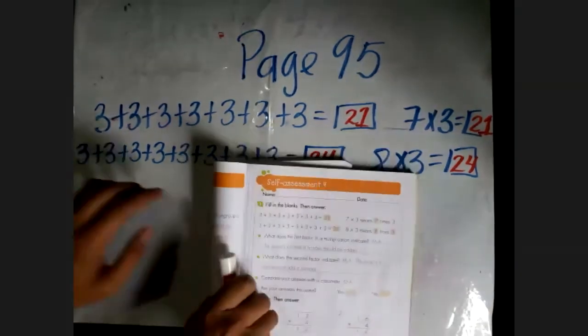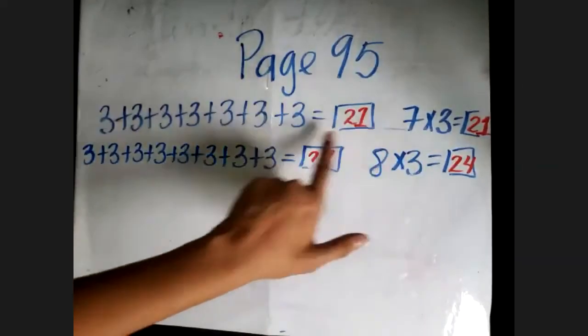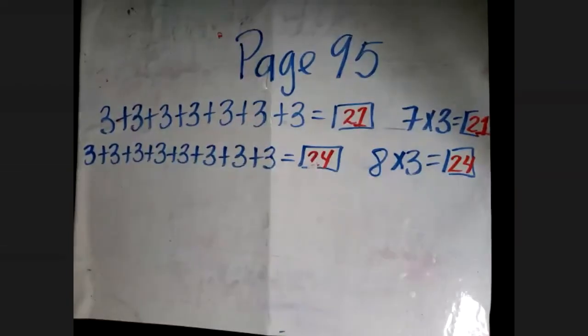Okay, what is the first factor? What does it mean there's 7 here? And what does it mean this 8 here? What does it mean that number 7? Why do I have a number 7 there? ¿Por qué tengo un número 7 ahí?